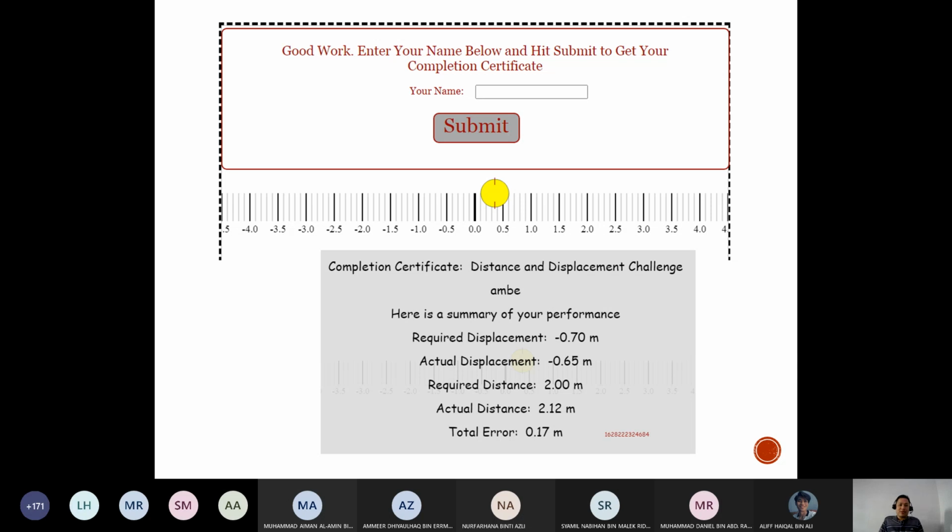Okay, Aina, Nur, Muhammad Adin, Aina, good work. So far I have four students that completed this challenge: Kamal, Faris, Aina, Adin, and also Shauki. That's 5.